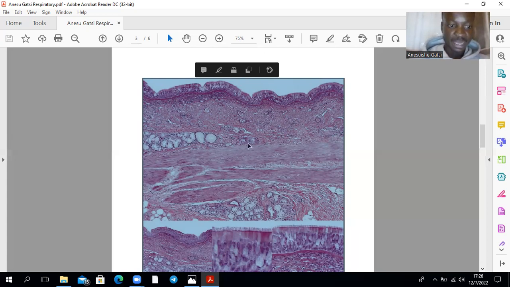Then this here, take a moment to pause. Remember, we talked about the tracheal layers. This is part of the trachealis muscle. These are all glands, these ones in the lamina propria, and some of them extend into the submucosa. Above this muscularis layer, that will be the submucosa.